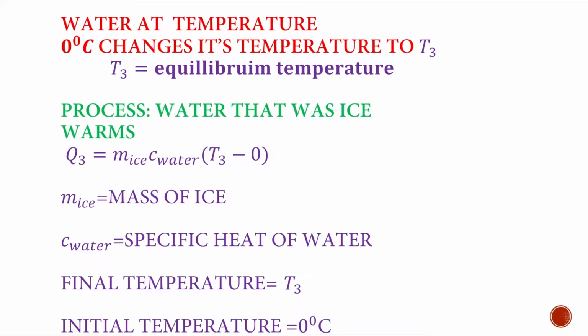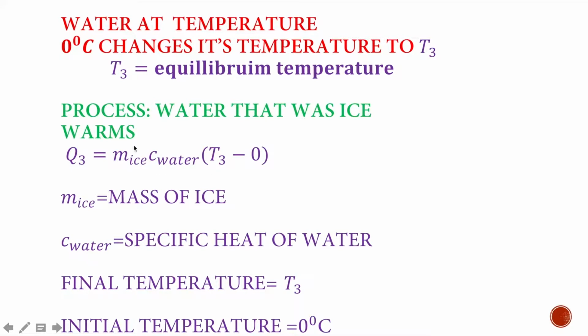In this step, water at temperature 0 degrees Celsius changes its temperature to T3, the equilibrium temperature. So there occurs a change in temperature. The heat energy absorbed is equal to mass of the ice times the specific heat capacity of the water, because it is the water which changes the temperature. That's why we are taking the specific heat capacity of the water.